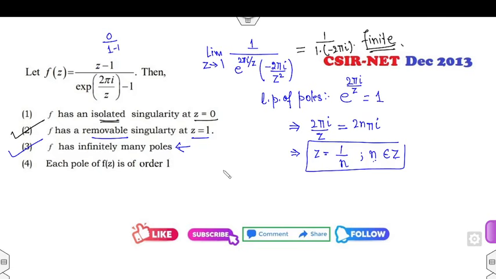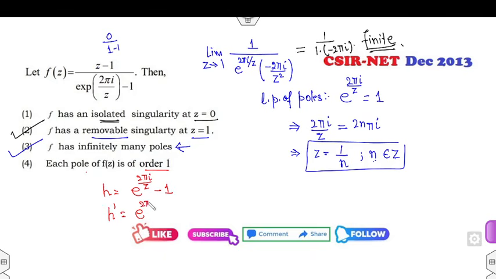Now, what about the other one? Now each pole, this is my pole. Now we will see each pole is of order 1. If I choose h as my denominator part, what is h dash?